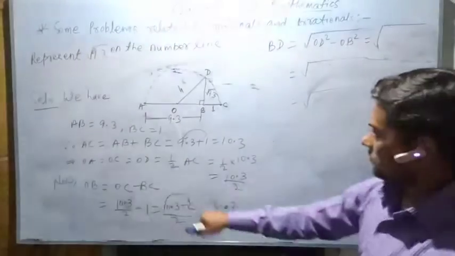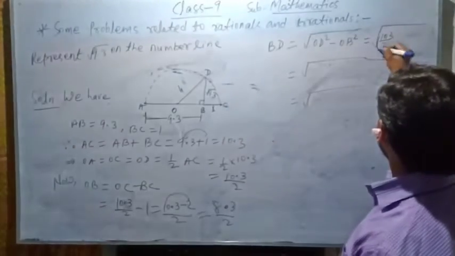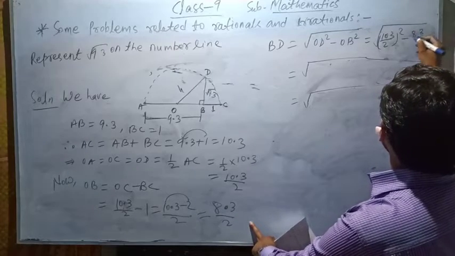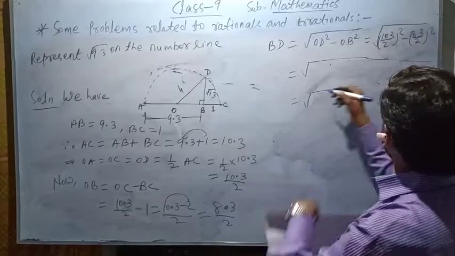OD is 10.3 upon 2 to the whole square minus 8.3 upon 2 to the whole square.